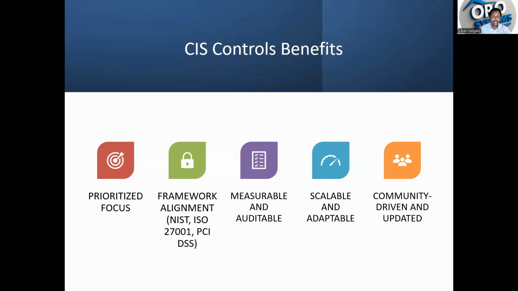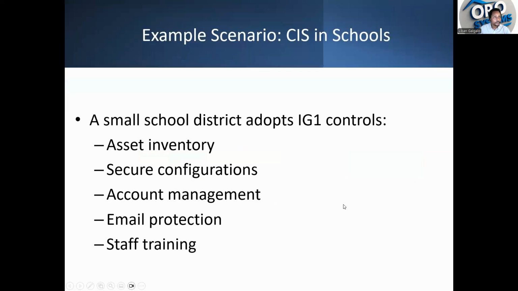The company doesn't really have to adopt all the processes. They can just pick maybe as simple as IG1, and they're good to go. Then there is community driven and updated. It's not like the private sector who runs this thing, as mostly the community is involved in it, and it's the volunteering people who come together and build this framework, which is way far from bias.